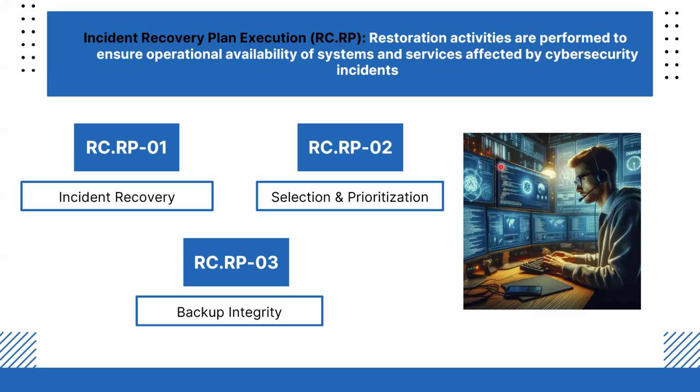We usually perform an activity called business impact analysis, where we identify which processes need to be restored first, in what timelines we need to restore them, and what amount of data needs to be restored. We get this data from terminologies called RTO and RPO. Based on this, we select and prioritize the processes and the data that need to be restored.